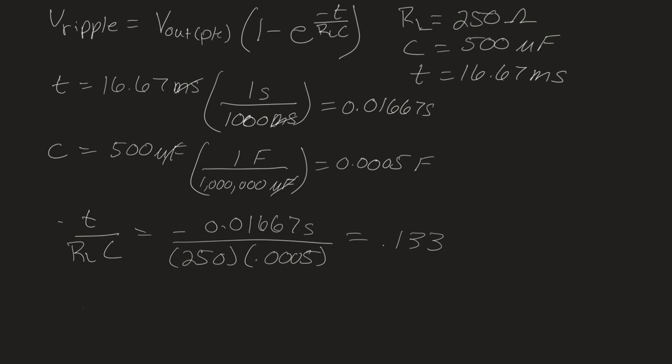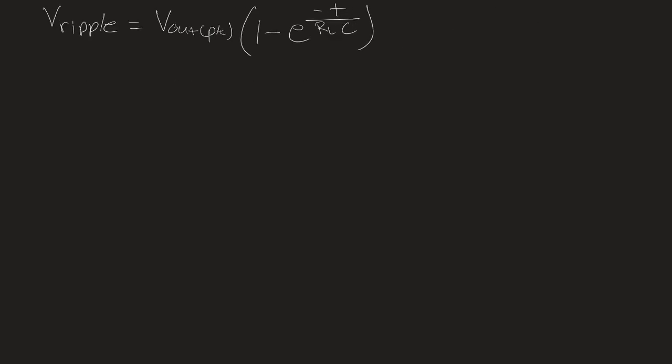Next, let's calculate e to the negative 0.133. And that gives us 0.875. All right, so now we're ready to plug in our value of e into our equation.